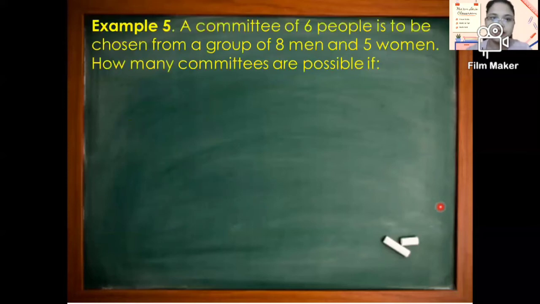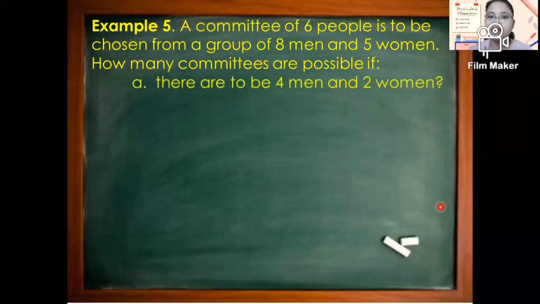Let's have this one. Number 5. A committee of 6 people is to be chosen from a group of 8 men and 5 women. How many committees are possible if there is a condition naman po dito? Meron daw pong kailangan na 6 na tao. So kung kailangan ng 6 at meron daw pong 8 na lalaki at meron 5 babae, paano daw po kaya makakapamili ng committees for this one? The first condition, una, there are to be 4 men and 2 women.